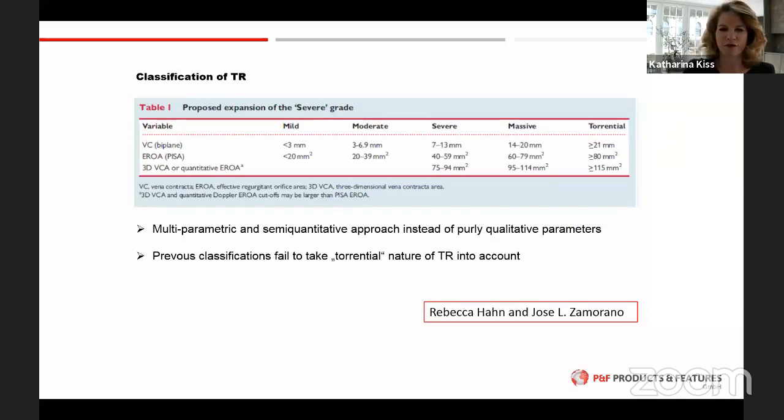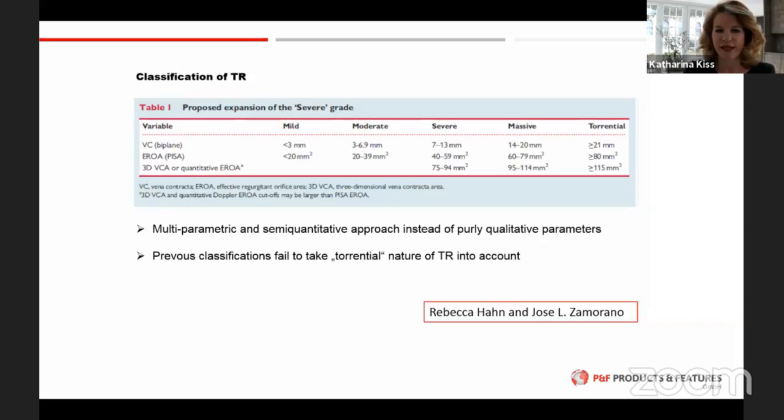I also want to touch shortly on the classification of TR. As most of you will be aware, the classification has been changed recently, mainly under the guidance of Rebecca Hahn and Jose Zamorano, who is also our ECHO core lab for the Tricus clinical trials.